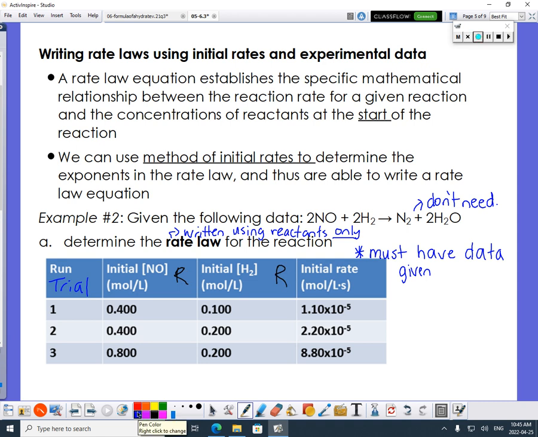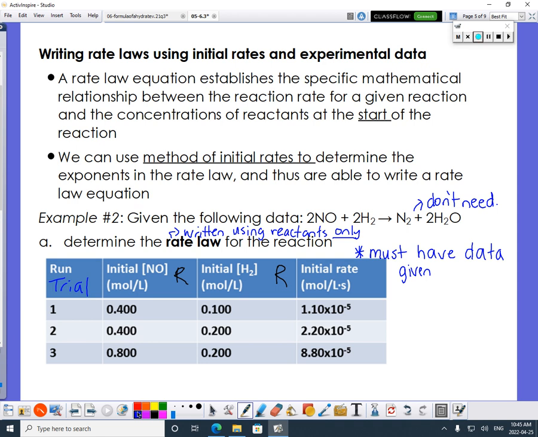So these are both reactants. We don't really care what the products are, so usually these questions don't have a reaction given to you. We just give you the data, and you look at the heading to find out what you're going to write. Lots of times we just use A's and B's, like it's random, because it really doesn't matter.